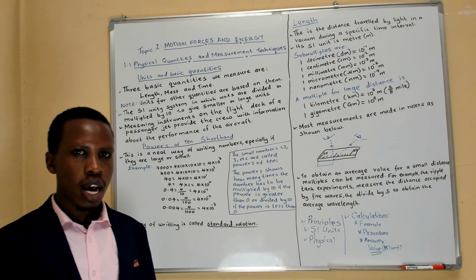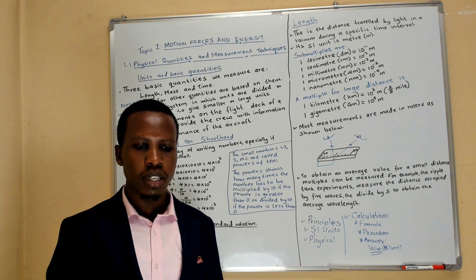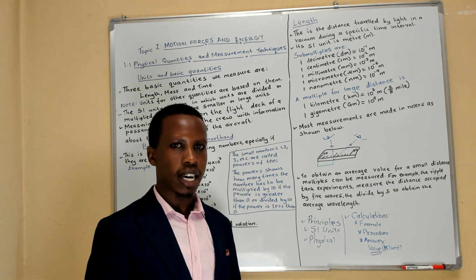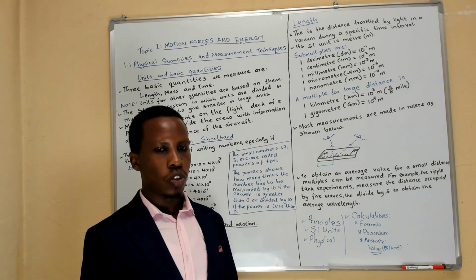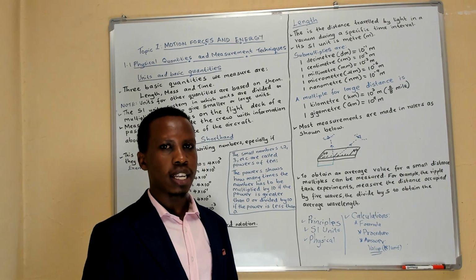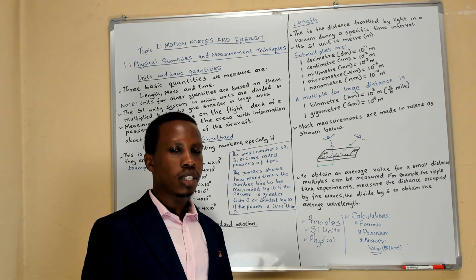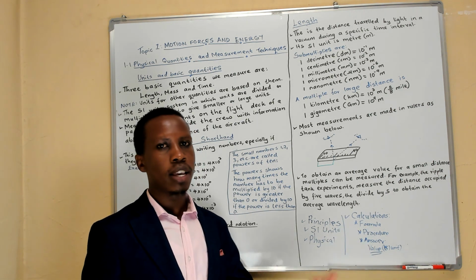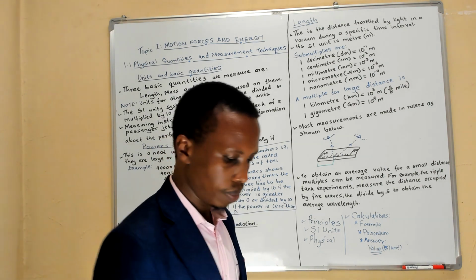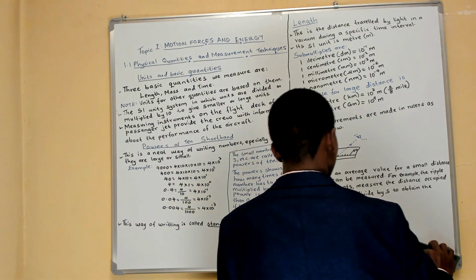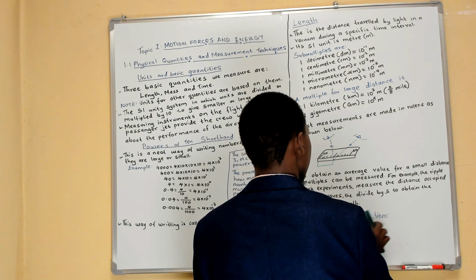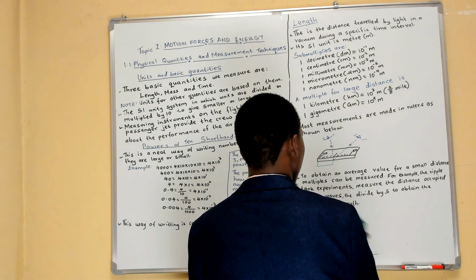If you are not sure about the SI unit, please do not write a wrong SI unit, because you will miss a mark on that. You better leave the answer without the SI unit, or you should write the correct SI unit. So those are the basic principles that you will be able to understand in the physics classes.